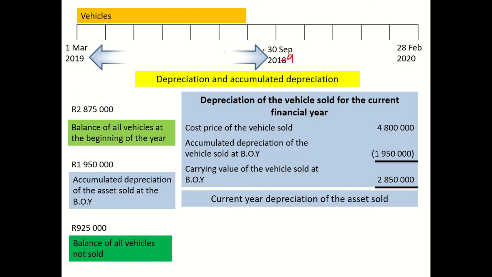Okay. Now, in this case, guys, we've used this asset in the current financial year. We've only used it for 7 months. Okay, so for as long as you have the asset, we assume that you're using it. Even if it was idle for 1 month or 2 months, or even the whole month, you will still depreciate it until you dispose of it.